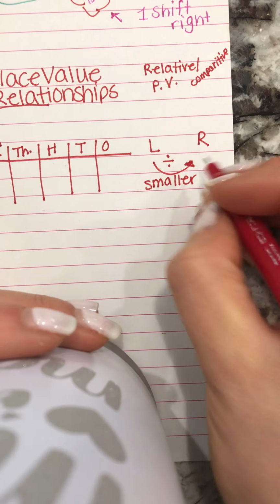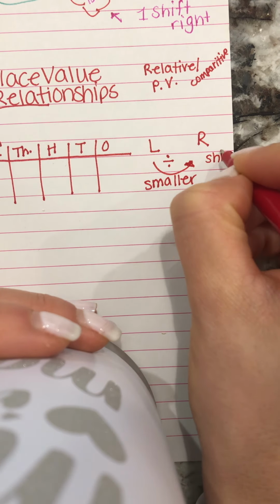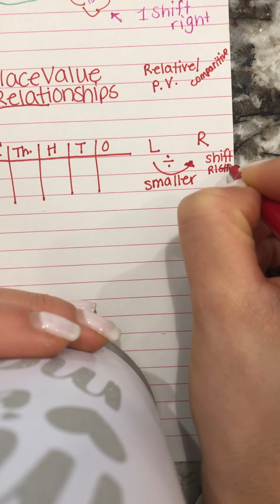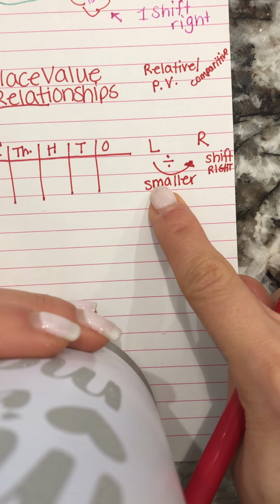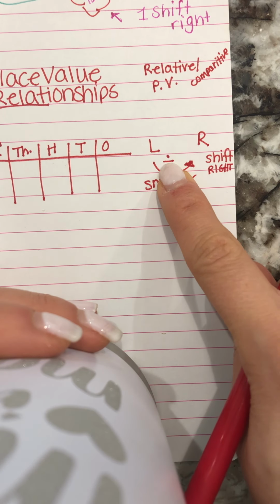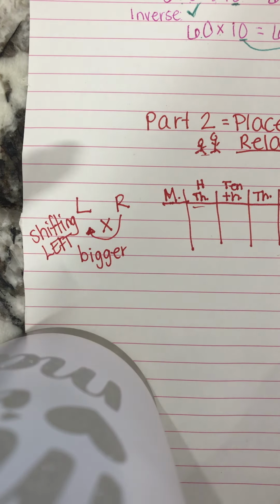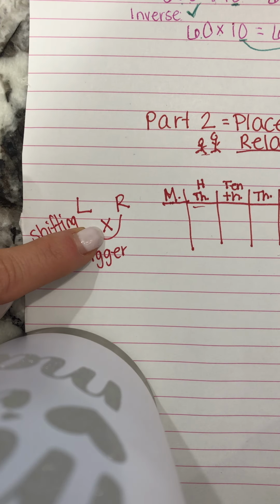So shifting to the right, we're getting smaller. We're thinking about division, taking away zeros. Shifting to the left, moving in this direction, we're getting bigger. We're going to be multiplying and affixing zeros.